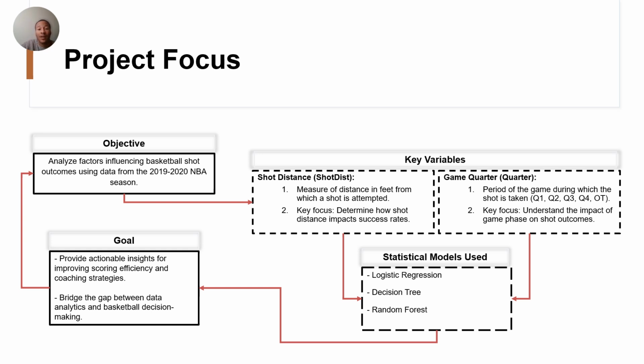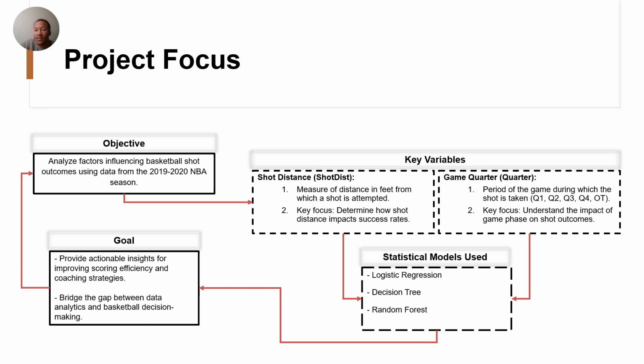I narrowed down my focus to two main variables. The first is shot distance, which measures how far a player is from the basket when they attempt a shot. Here, I'm looking at how distance impacts the likelihood of making a shot. The second variable is game quarter. So I'm examining whether the timing of the shot, like whether it's taken in the first quarter or overtime, affects the success rate.